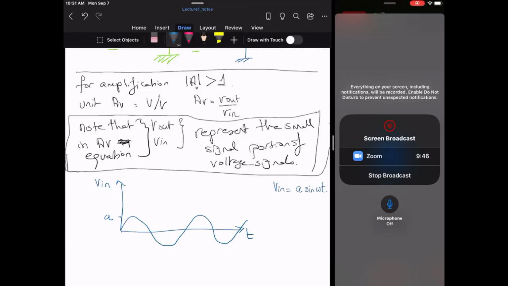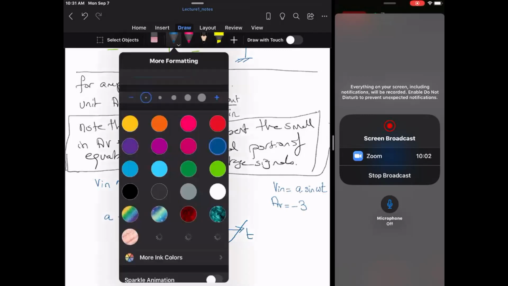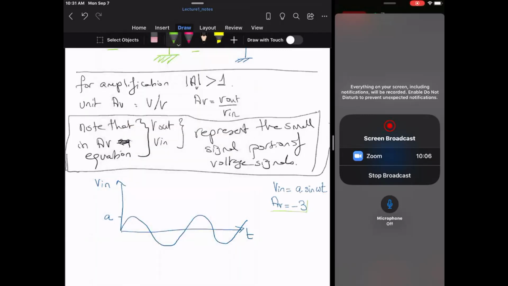Let us now assume that V out has some gain with respect to Vin such that AV is equal to minus 3. So if AV equals minus 3, then V out in green is going to have a magnitude 3 times that of Vin, but it will be out of phase because it was multiplied by minus 1.